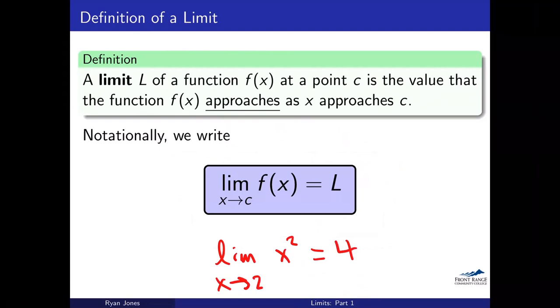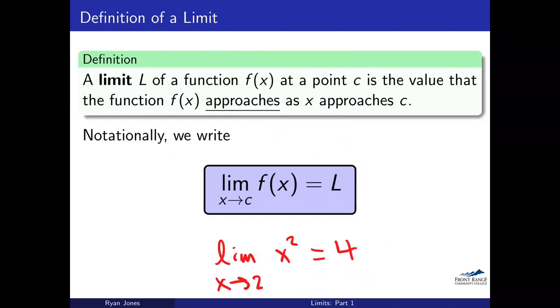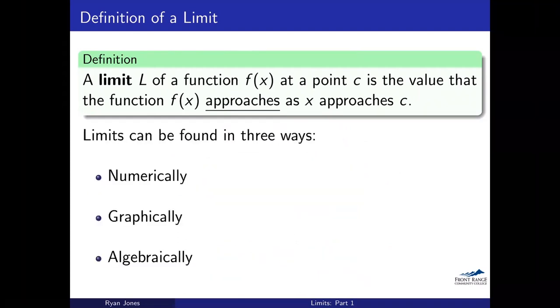So we've just talked about how to graphically look at a function and figure out what the limit is. There are 2 other ways that we can do this. We can do it numerically and we can do it algebraically. For the majority of this course, we're going to work on this algebraically. Sometimes a graph can help you immensely. I'm going to give you an activity that you can work on your own that's going to teach you how to do these limits numerically.